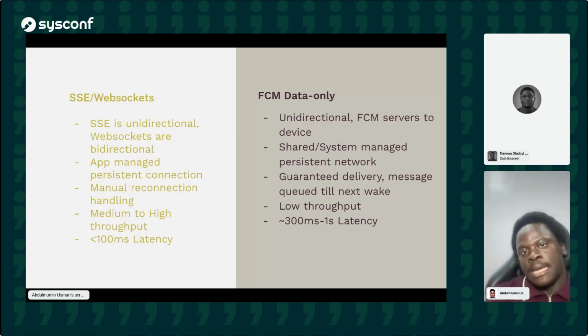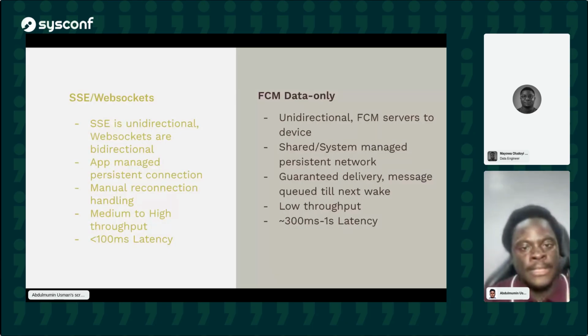And what this means is that you are using more battery. It's not something that is frequent, so we don't want to keep a connection alive and drain the user's battery for that use case.